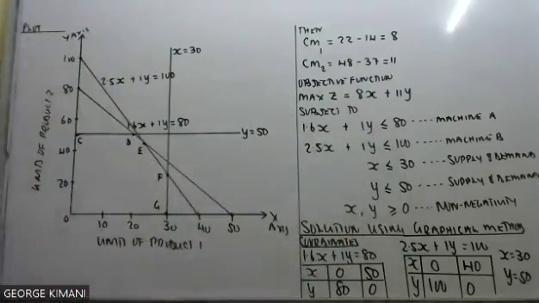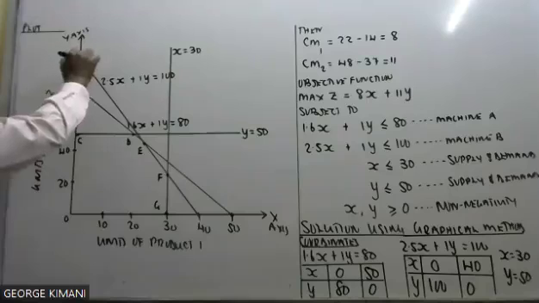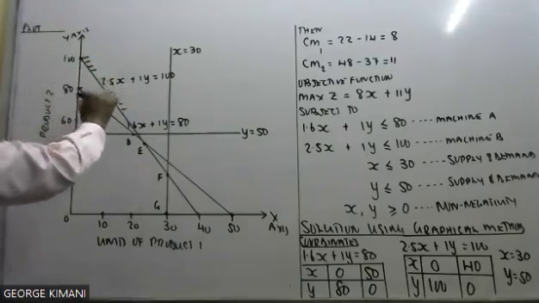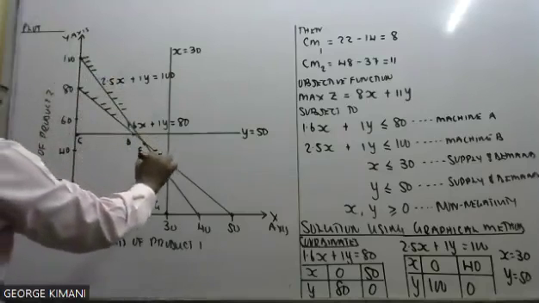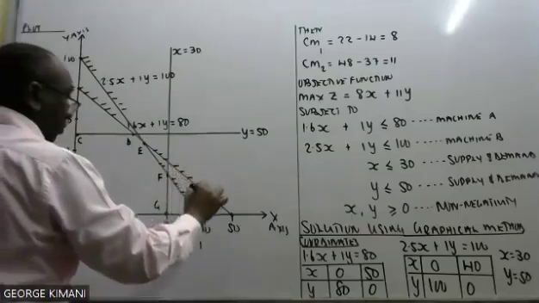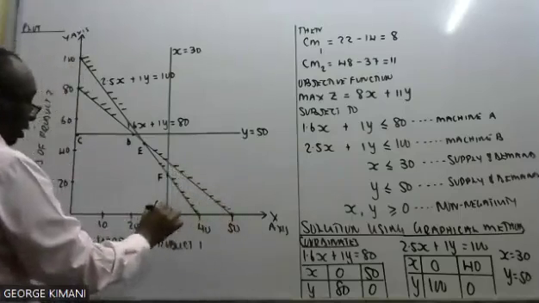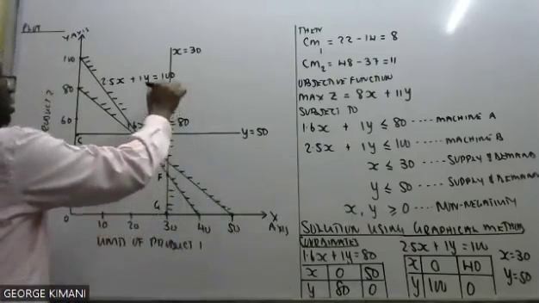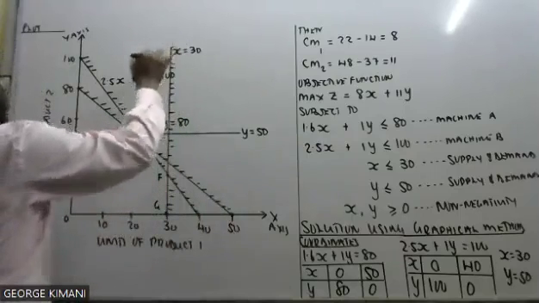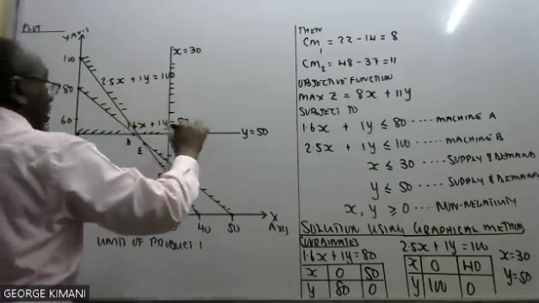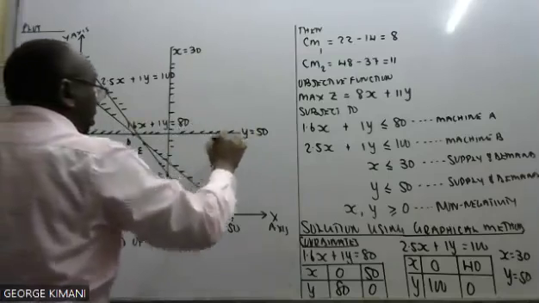So you show that by shading this way. For this line, we shade like this. Then this one, we shade like this because we want the lower side. Even this one, we shade in a very smart way.